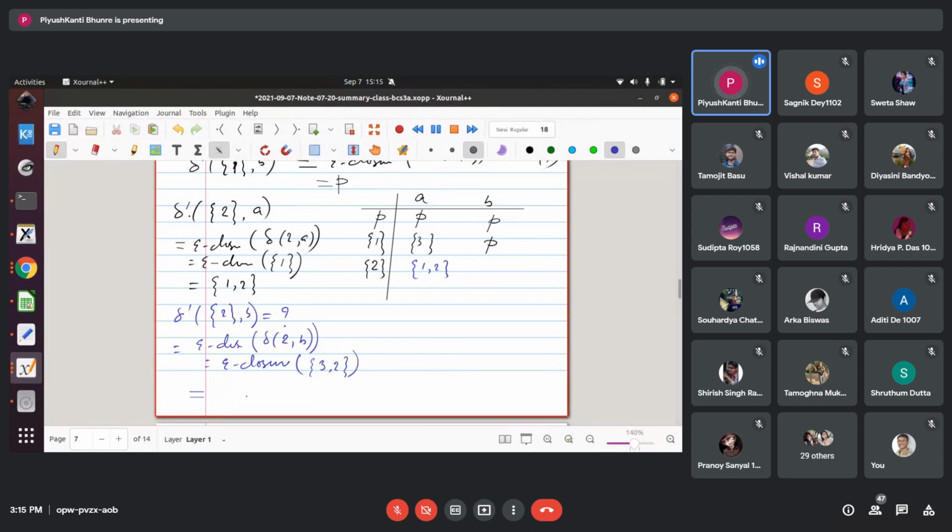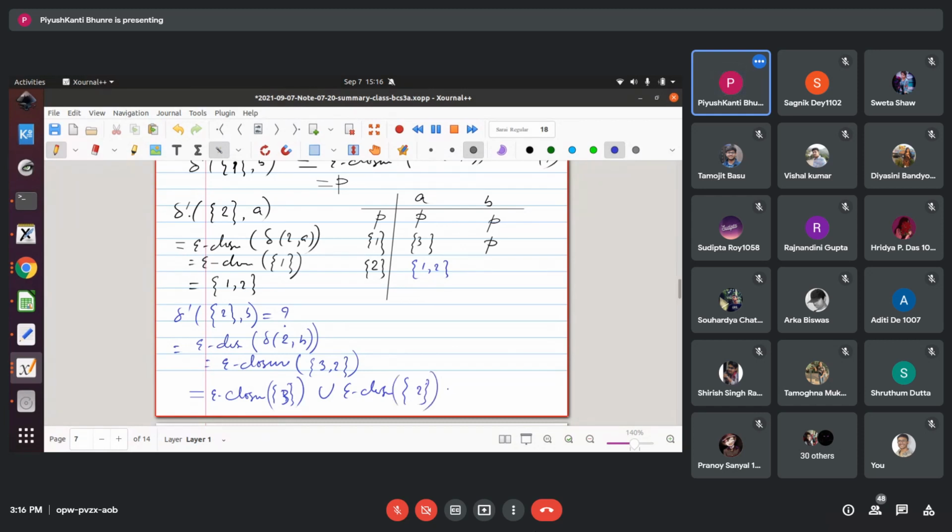So this is the same as you basically take the union, epsilon closure of 3 union epsilon closure of 2.